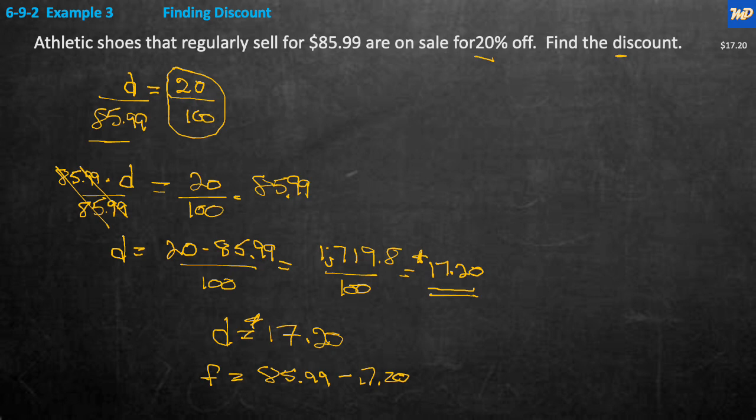And that's equal to $68.79. Not part of the question, but I just thought I'd throw it in there so you can see how that worked. And as you know, I don't have a calculator that'll pop up on my screen, so I have to stop the video and get out my calculator. And anyway, thanks a lot.